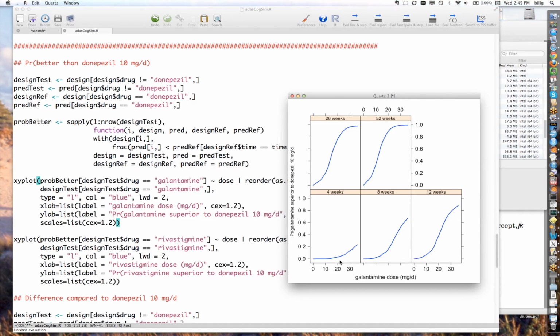You also get to see that the time courses for these two drugs are a little bit different, because this probability plot actually varies a bit. The implication here maybe is that galantamine's a little slower in onset before it finally catches up to donepezil.